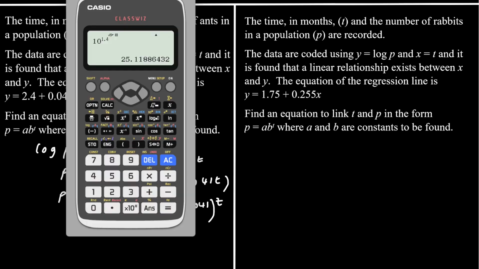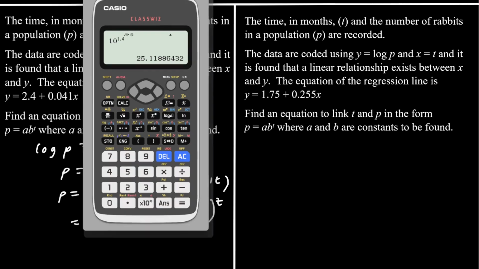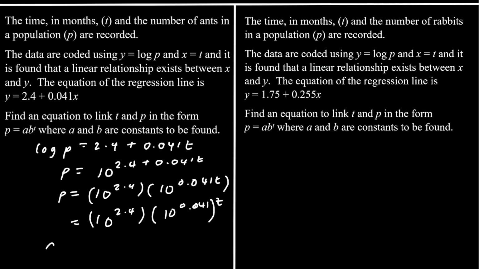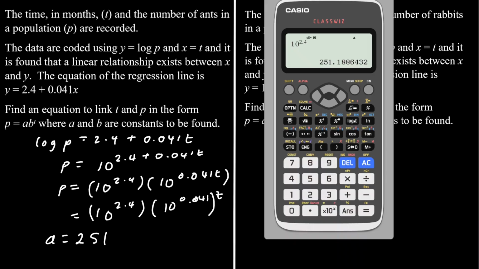So we just need to find out what they are. 10 to the power of 2.4 is 251. So a is 251. And b is 10 to the power of 0.041, which is 1.10.